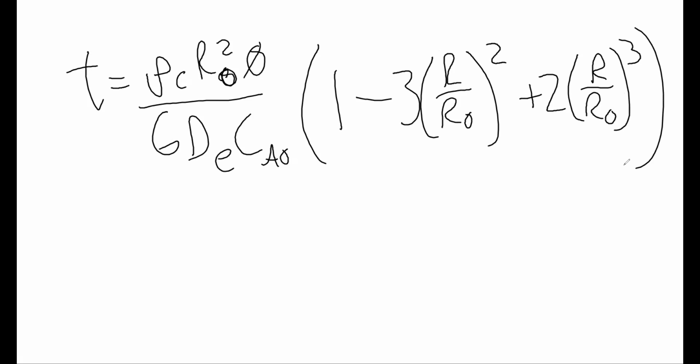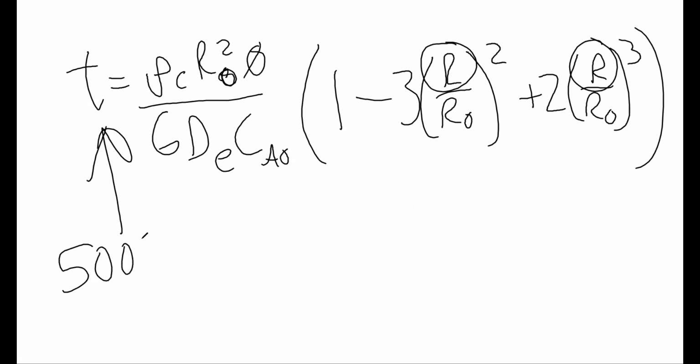So we start off with this. We said, okay, we want to find the radius of the pellet, r, at a particular time t. So we said, okay, 5,000 seconds, find r, right? In order to do that, first we have to cudgel this equation into a form that lets us use our iterative method.